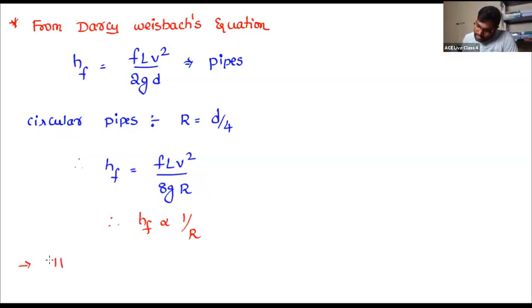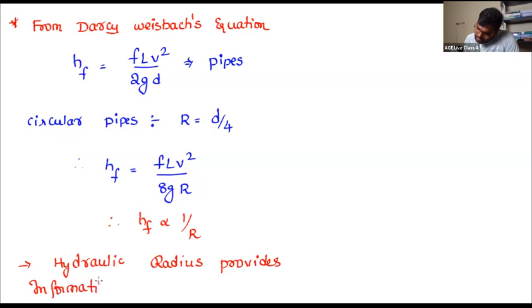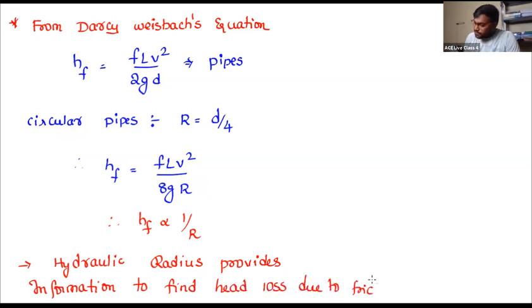I can say the hydraulic radius provides information to find the head loss due to friction, where hf is nothing but the head loss due to friction, f is the Darcy friction factor, L is the length of the medium, V is the velocity of the flow, and D is the diameter of the pipe.